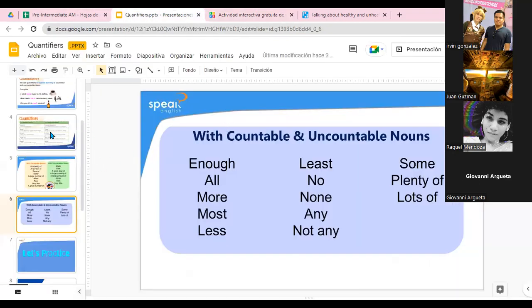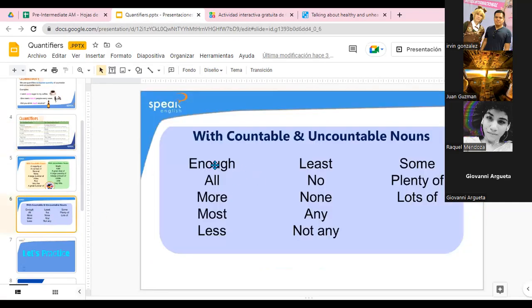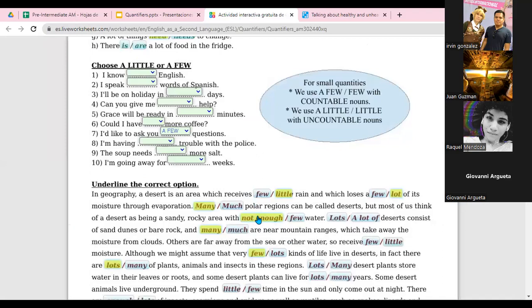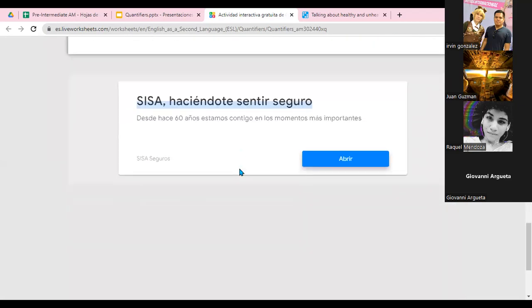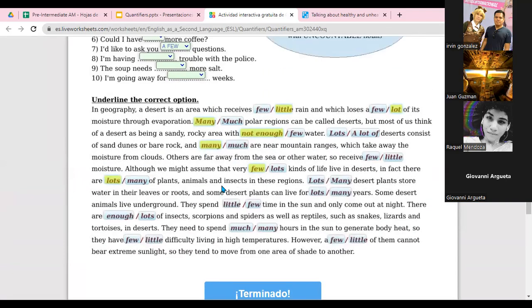Yes, these are the rules. Few is for countables. Little, or this one that we use for both, like enough. We're going to use not enough, because water is uncountable. So we cannot use few. Yes, in my exam I put not enough.